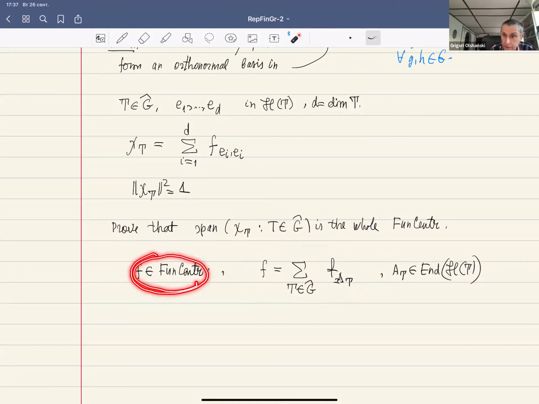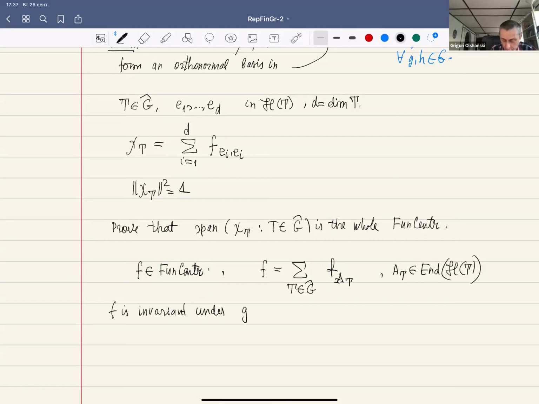And this property means that our function is invariant. Invariant under what? Under interior automorphisms of our space. I mean, here, invariance: F is invariant under the change of variables, G is mapped to H G H inverse. Okay.